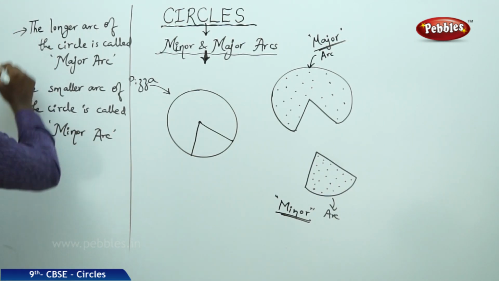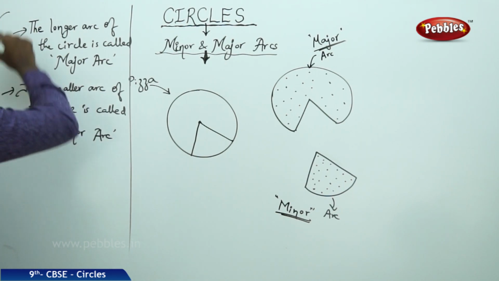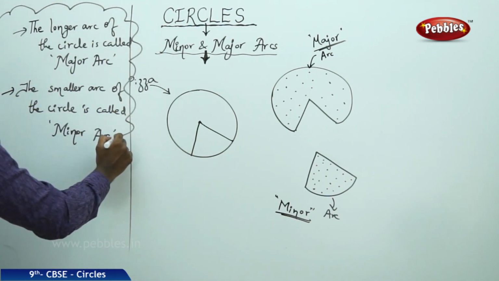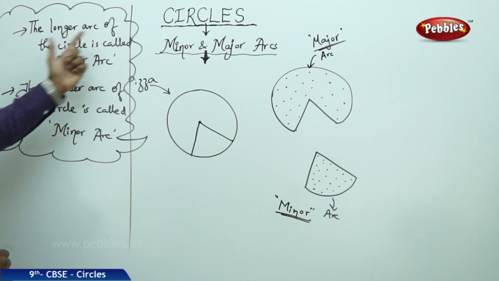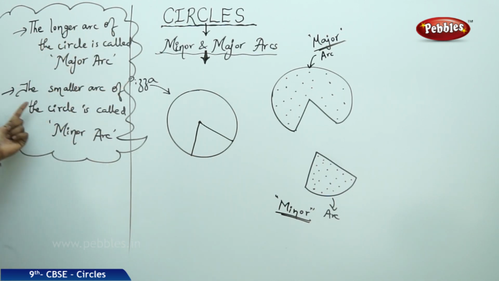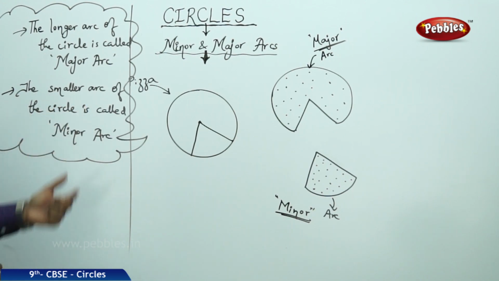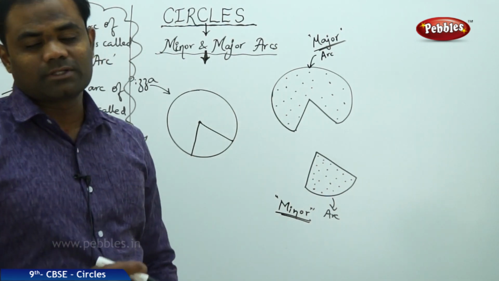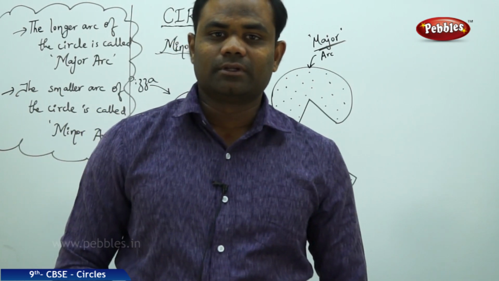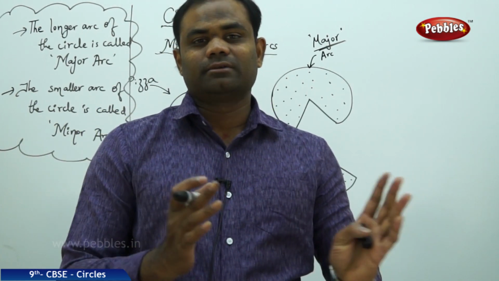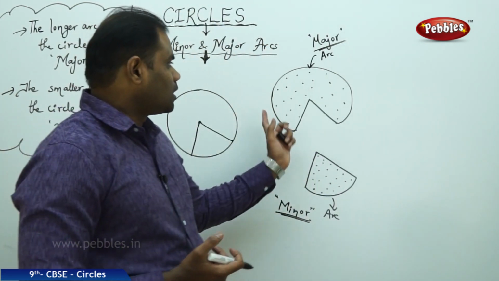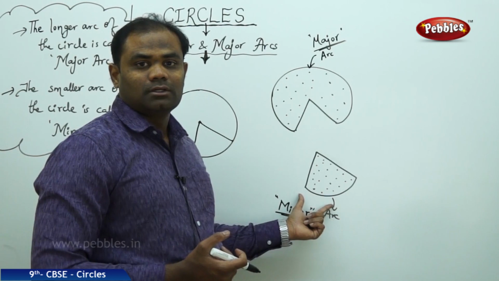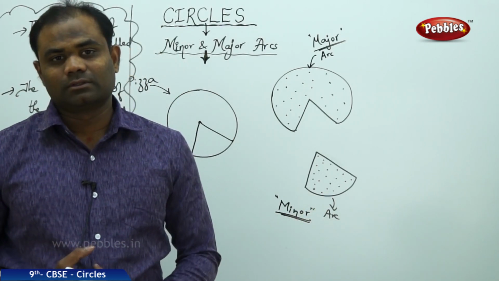So this is how we define the two basic arcs in the circle: the major arc and the minor arc. The longer arc of the circle is called major arc. The smaller arc of the circle is called minor arc. Is how we understand the relation between two arcs of the circle and major and minor arc. Major arc, the longer arc of the circle; minor arc, the smaller arc of the circle.